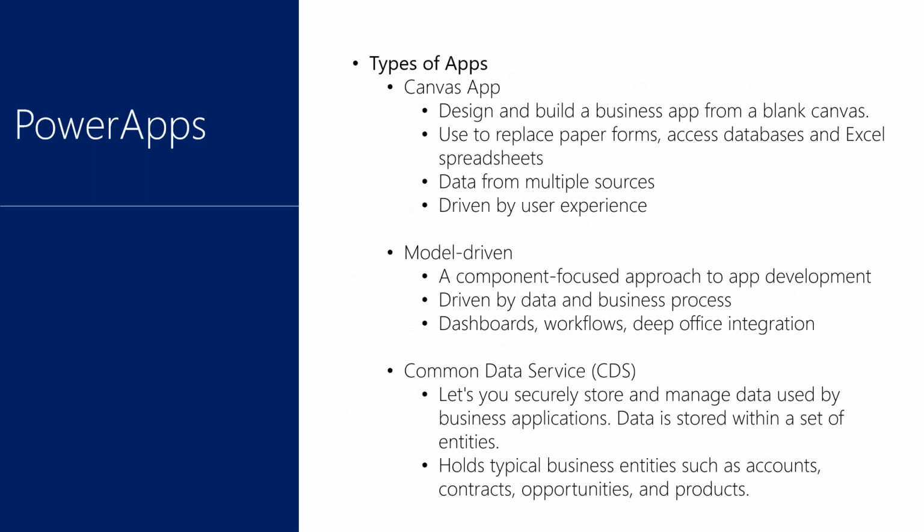There are 3 types of Power Apps that you can create. The first type would be a Canvas app. With a Canvas app, you start off with a blank canvas and you add all the functionality that you have identified that you need for your app. For instance, if you're developing a help desk ticket system, initially on that first screen you would have user login.